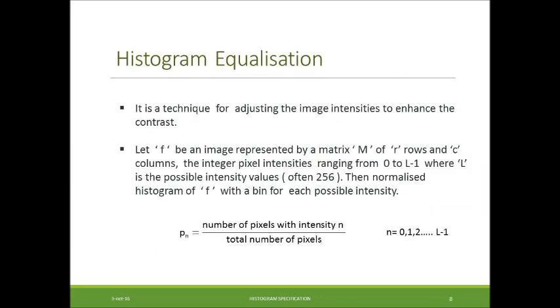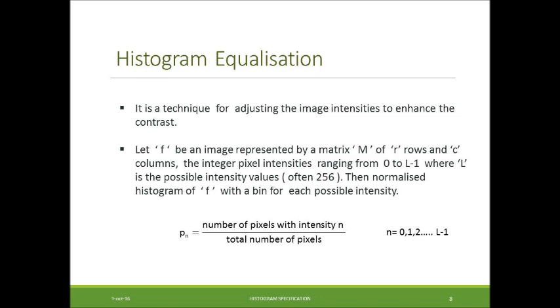Histogram equalization. It is a technique for adjusting the image intensities to enhance the contrast. Let F be an image represented by a matrix M of R rows and C columns. The integer pixel intensities range from 0 to L minus 1, where L is the number of possible intensity values, often 256.